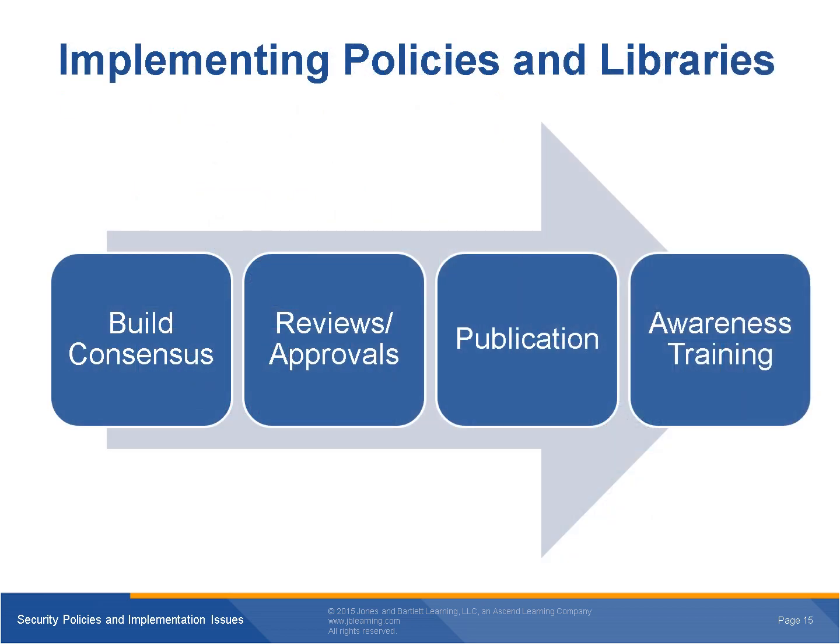Implementing your policies and libraries entails four major steps. They are building consensus on content, reviews and approvals for your documents, publication of the documents, and awareness and training. So, building consensus.